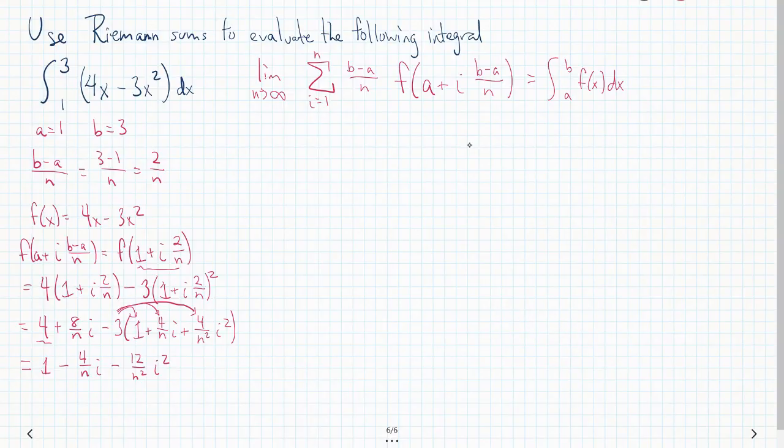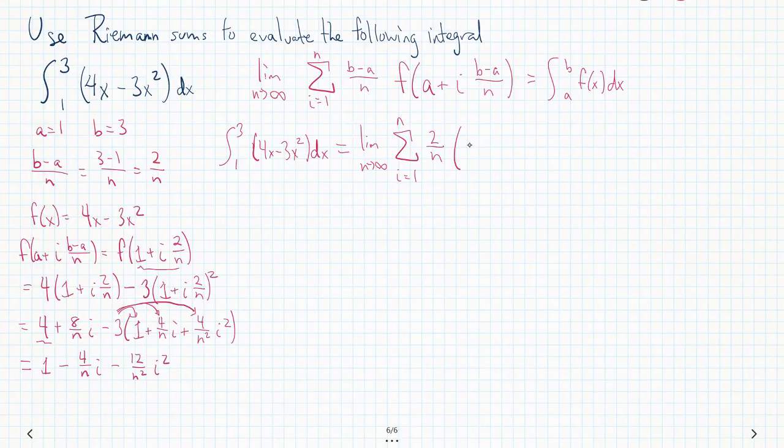So the integral from 1 to 3 of our 4x minus 3x squared dx equals the limit as n goes to infinity of the summation I equals 1 to n, and now b minus a over n, that's going to be 2 over n, and then f of a plus I times b minus a over n.